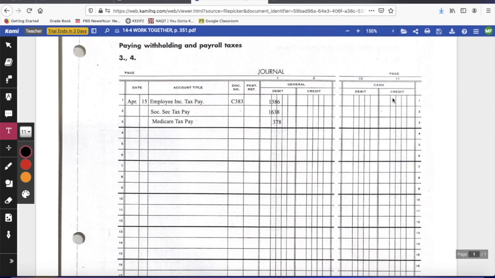So that's why you're doing it in the general debit, and then you're going to go ahead and credit the cash account for the total of these three. So your total cash credit on that first line is $3,402.